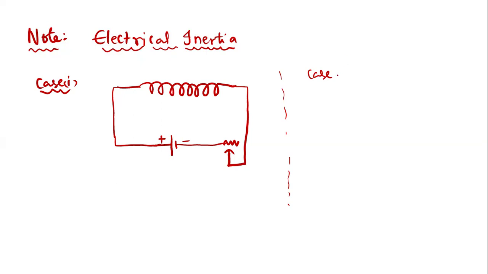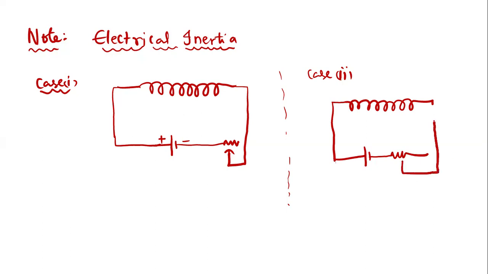Same thing in case 2, the same type of diagram, one is an increment of current, one is a decrement of the current. Same sort of diagram with a rheostat setup. So, buddy, two basic circuits I am taking here.